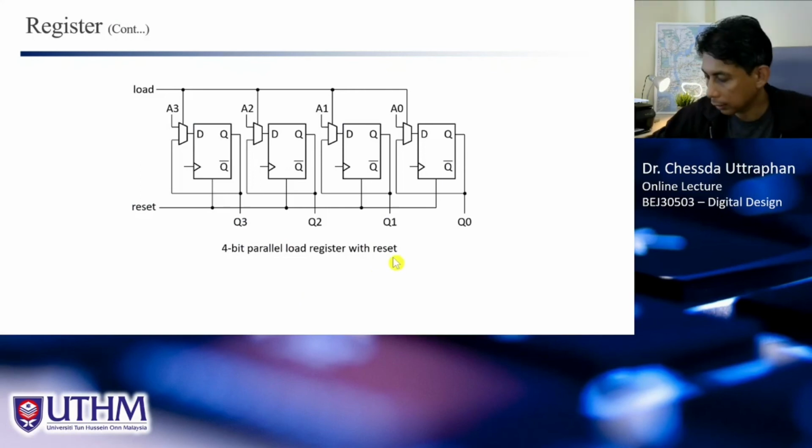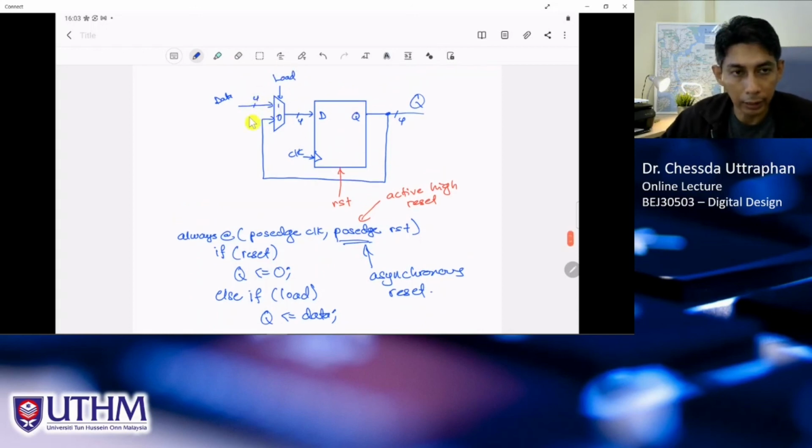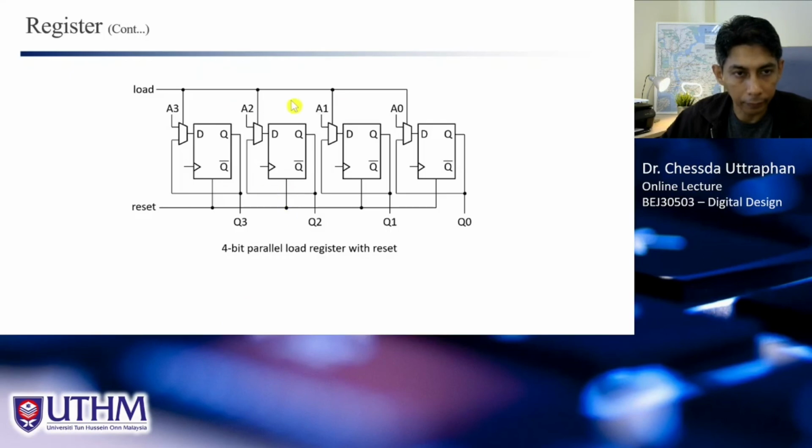So back to this. This is when we draw the functional block diagram of the 4-bit register in the compact view, where we have this as 4-bit. But when we expand this to every flip-flop, we can have the circuit like this.